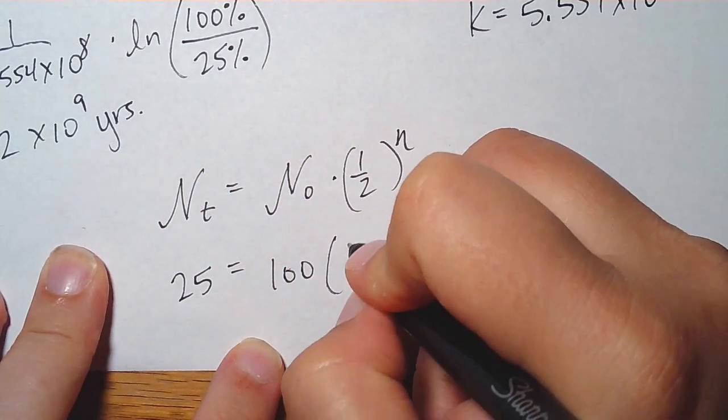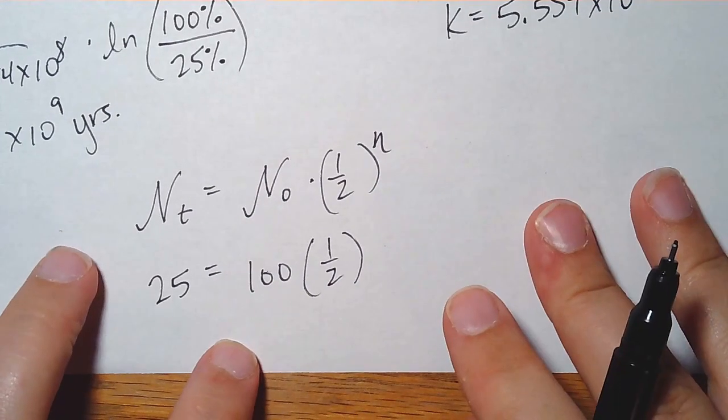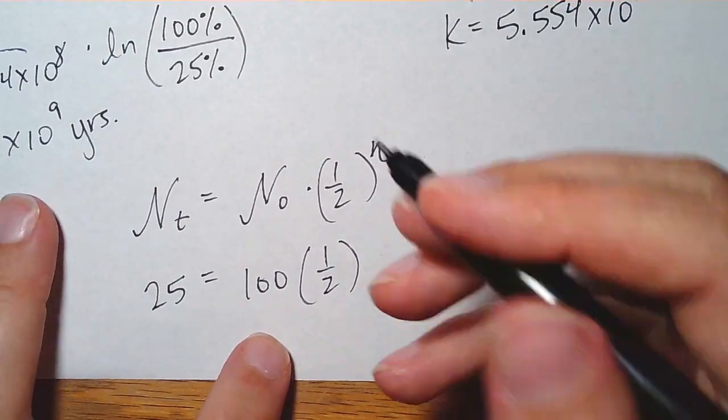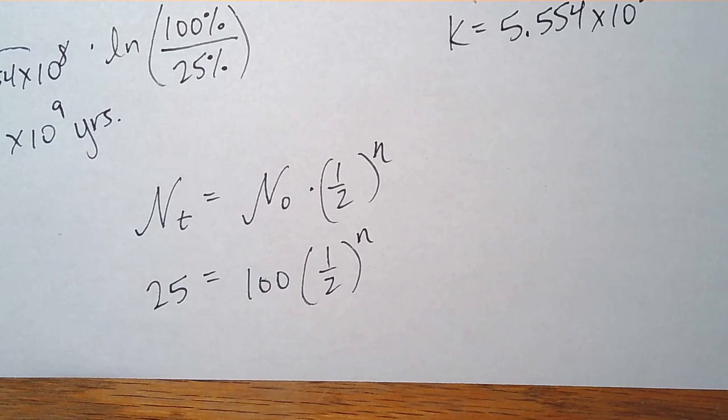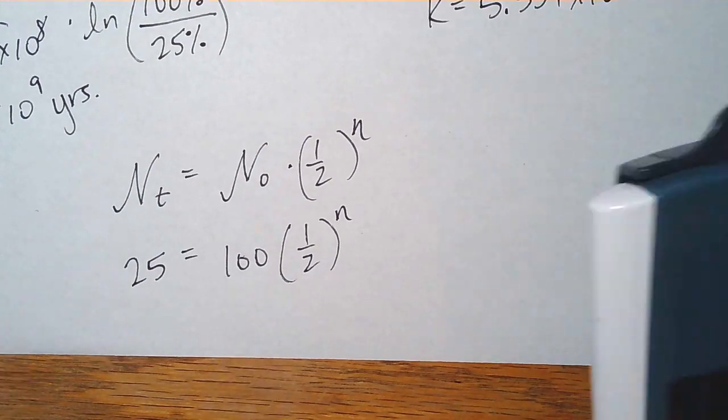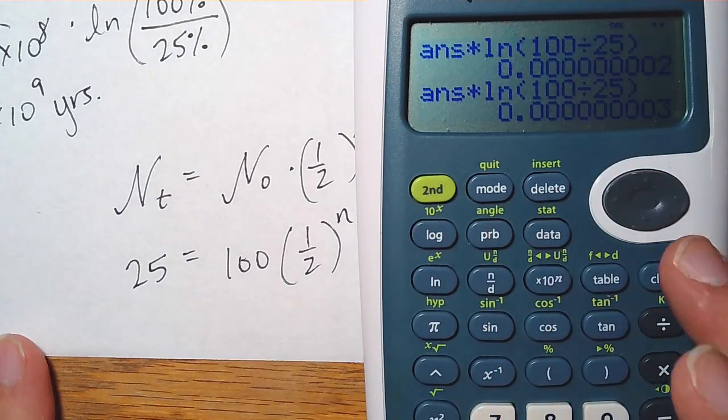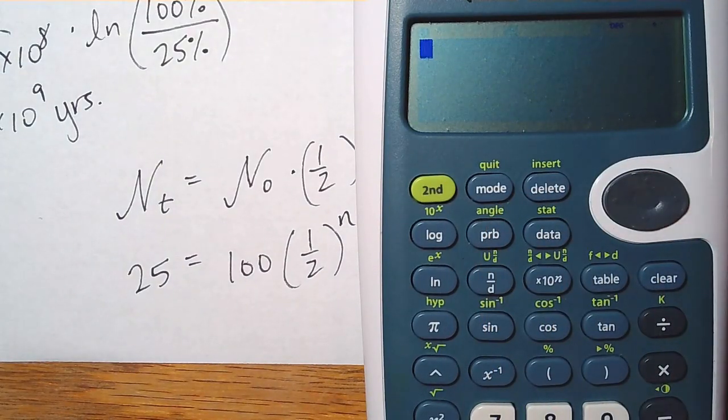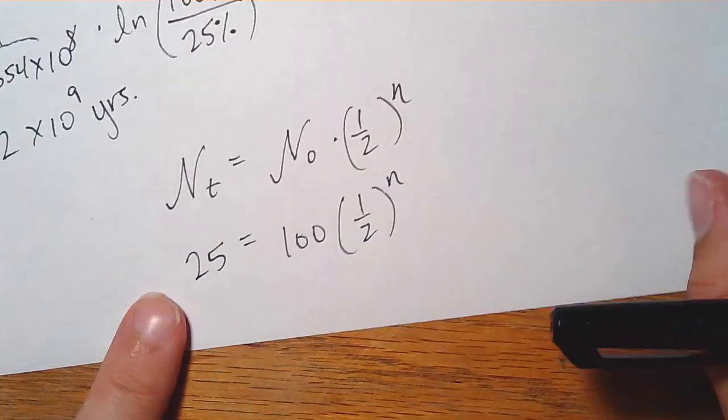Now in this case, we're trying to figure out n. Alright, so if we do this calculation, we're going to take 25 divided by 100. Alright, that gives us 0.25 is equal to 1/2 to the n power.